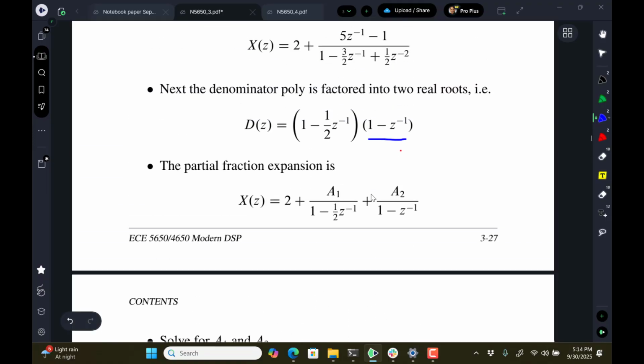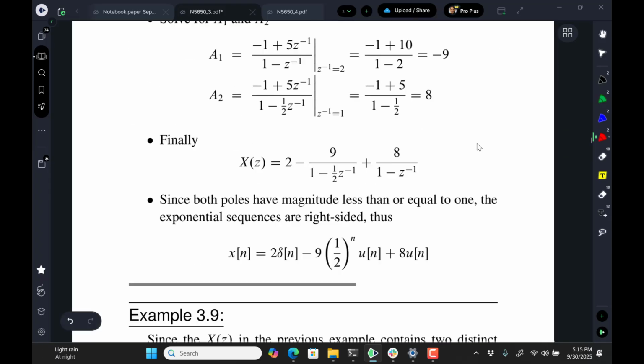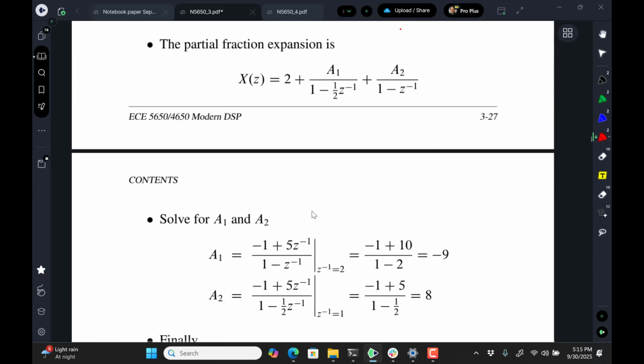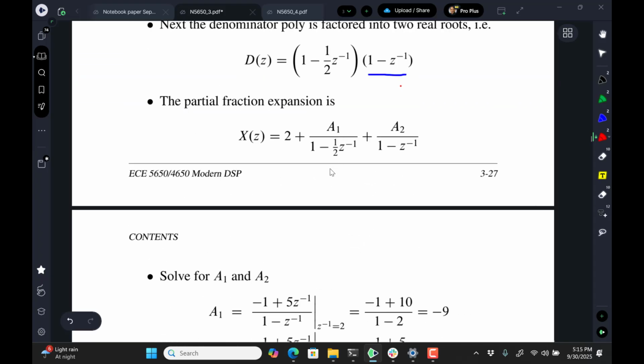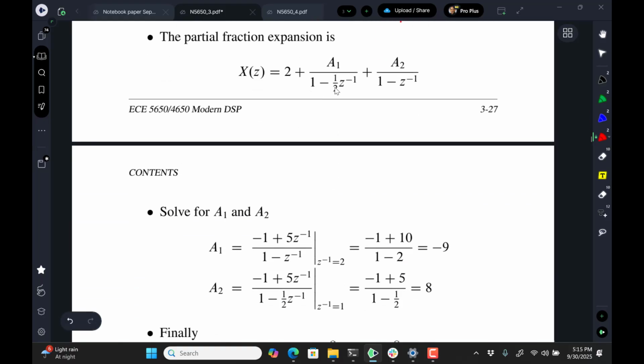So we take our original proper rational function that we were left with over here and multiply it times the pole whose residue we want to solve for. So we're going to multiply this thing in the red box times 1 minus 1 half z to the minus 1, and that will give us as the leftover 1 minus e to the minus 1.